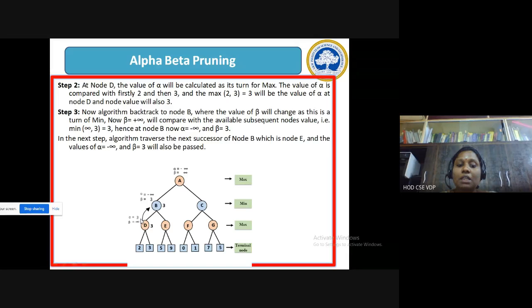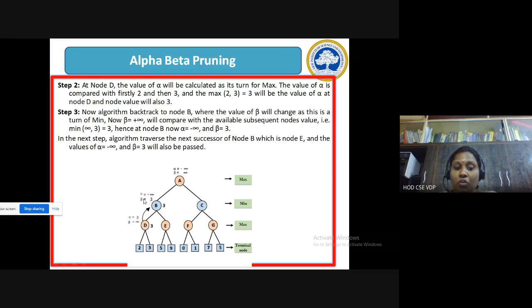So now these are your updated alpha and beta values. Now what you should pass from the child to the parent is nothing but your node value. What is the node value here? Since it is the maximization strategy, the alpha value becomes your node value. So D is equal to 3 is passed on from D to the node B.